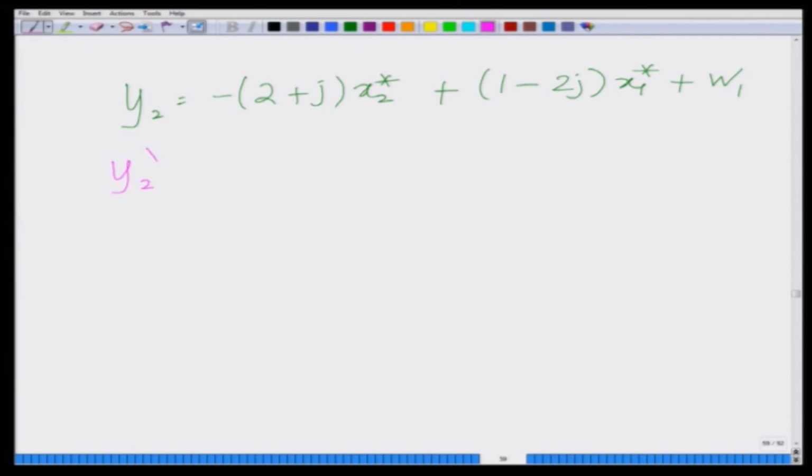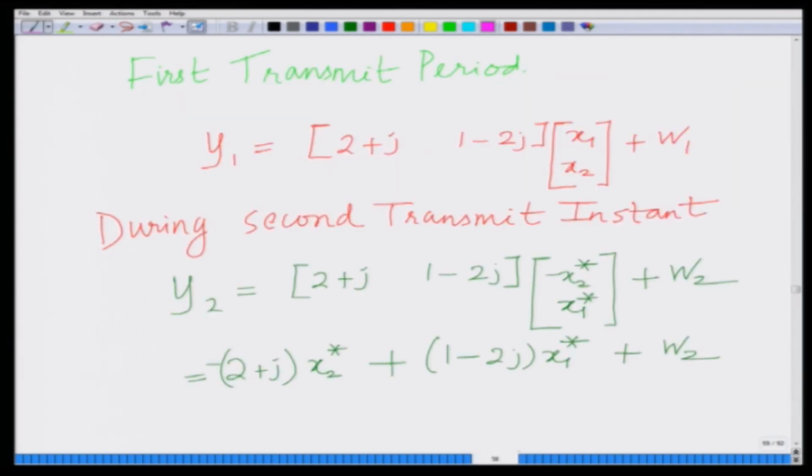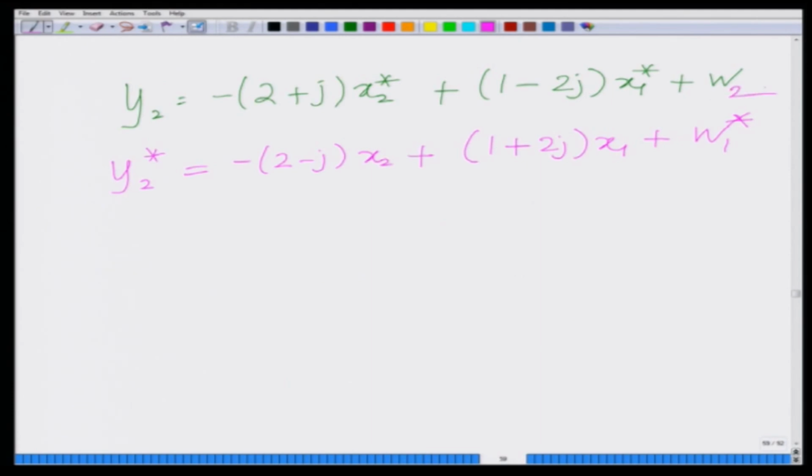Now if I take y2 conjugate, I have y2 conjugate equals minus (2-j) into x2 plus conjugate of (1-2j), which is (1+2j), into x1 plus w2 conjugate, which is equal to (1+2j) times x1 minus (2+j) times x2 plus w2 conjugate.